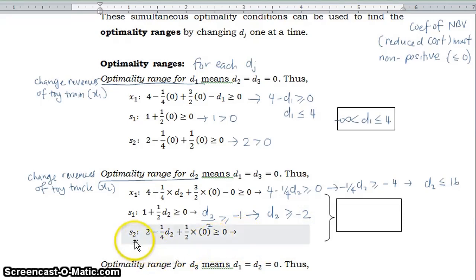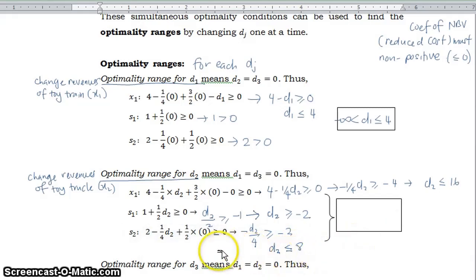And from the reduced cost of S2, we substitute D3 equal to 0. Then we get negative D2 over 4 greater than or equal to negative 2. Therefore, D2 is less than or equal to 8.